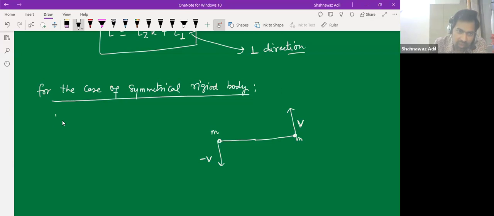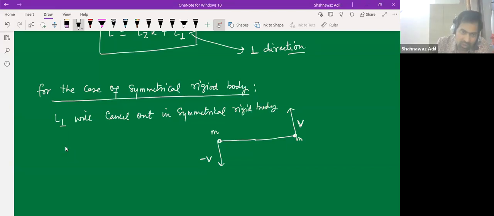So L perpendicular will cancel out in a symmetrical rigid body.